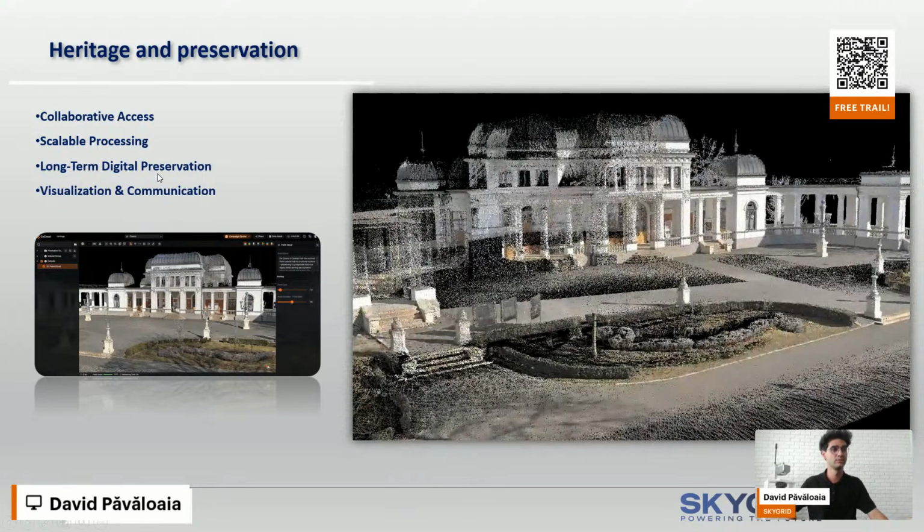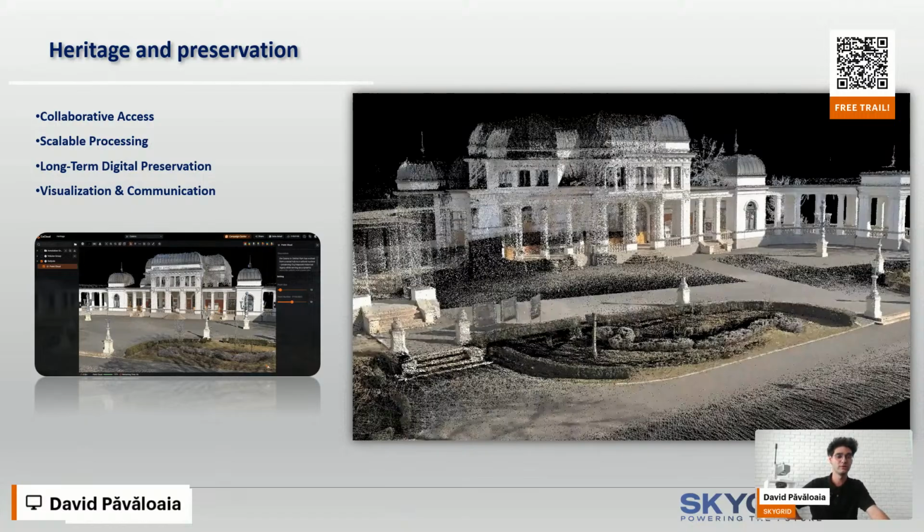Also, the long-term digital preservation, where secure cloud storage helps ensure cultural assets are digitally preserved for future generations. And sharing interactive 3D models also helps with decision making, or the public to raise awareness and support heritage.